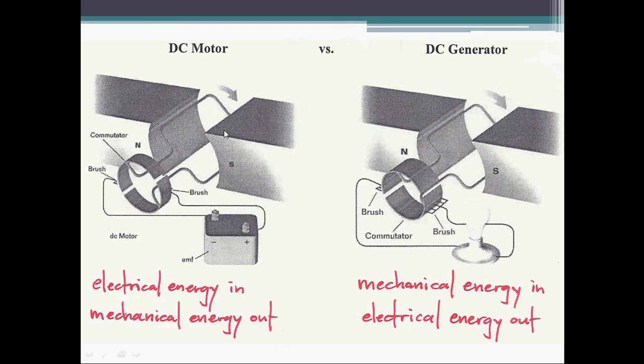I know that can be hard to visualize, so when we're in class we can definitely pull some stuff out and play with it a little more. But the idea is, through the magic of the right-hand rule, we are able to keep this loop constantly turning due to the magnetic force exerted on this moving charge in this magnetic field. That's how we convert electrical energy into mechanical energy and cause constant motion.